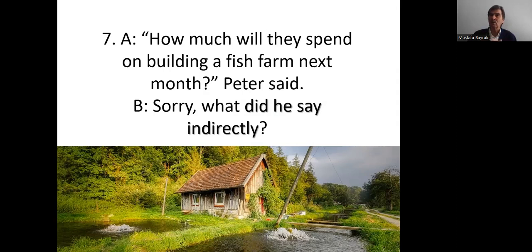So this is called verbal behavior. Because it is a question, we should say, he asked how much they would spend on building a fish farm the following month, or the next month.